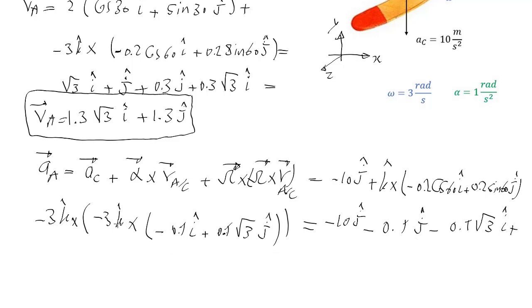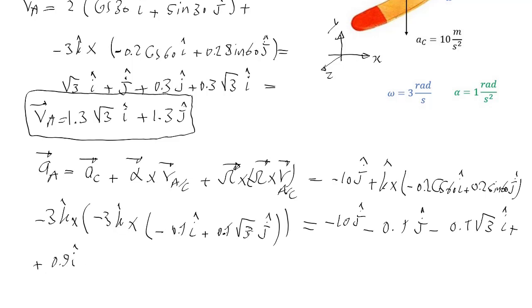here minus 3k times this quantity. So let's just start with here. K cross I is j, and here we have j. K cross j is minus I, so we are going to have a minus, and we have 3 minuses here, so that's going to be 4 minuses. That's going to be positive. So positive plus, and it's going to be in the I direction. 3 times 3 is 9, times 0.1, that's 0.9 in the I direction.